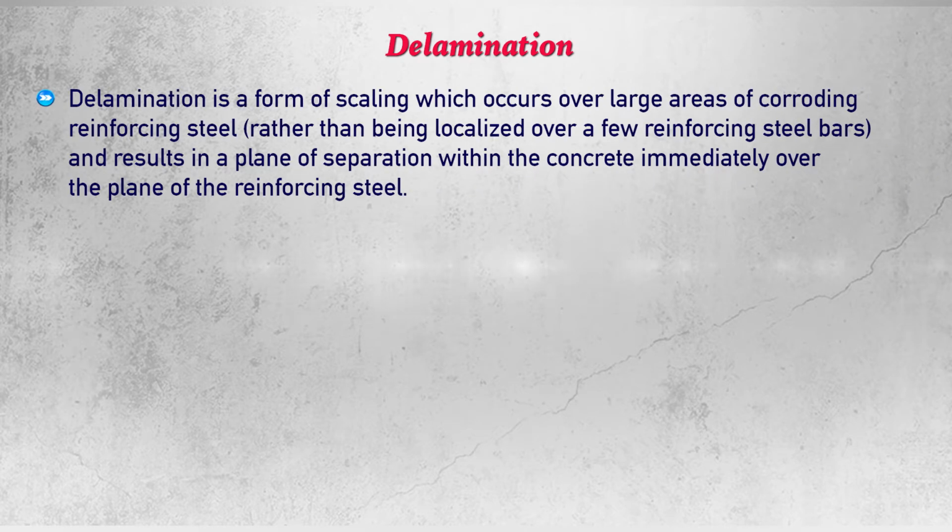Delamination is a form of scaling which occurs over a large area of corroding reinforcing steel rather than being localized over a few reinforcing steel bars, and it results in a plane of separation within the concrete immediately over the plane of the reinforcing steel. So it means layers are separated. That way it is called delamination.